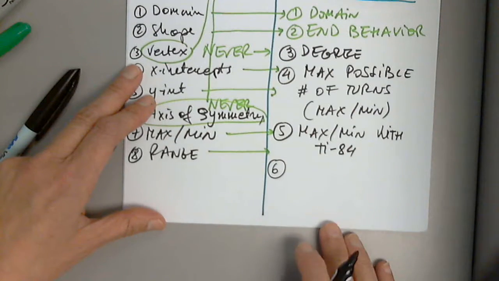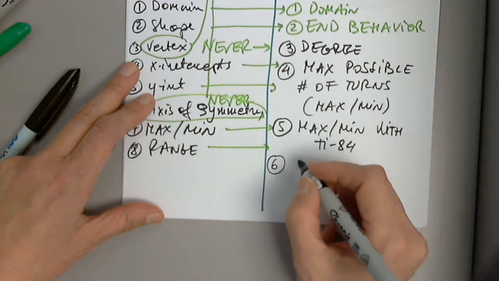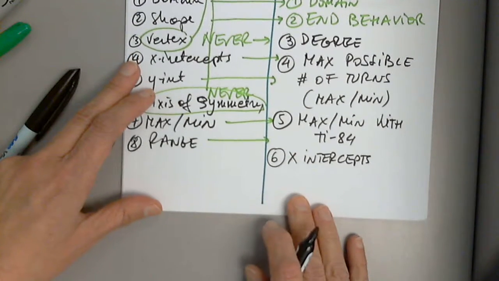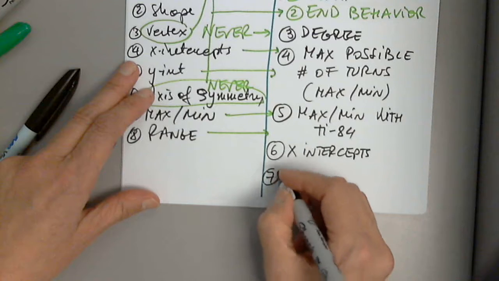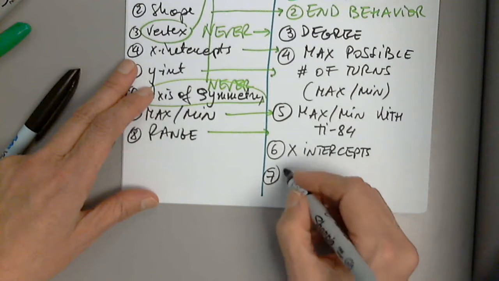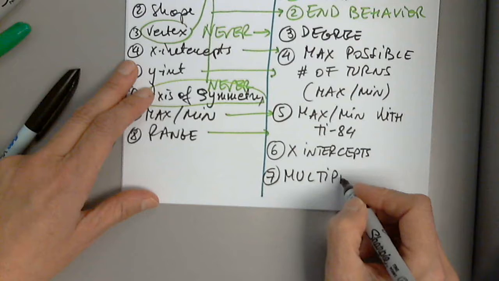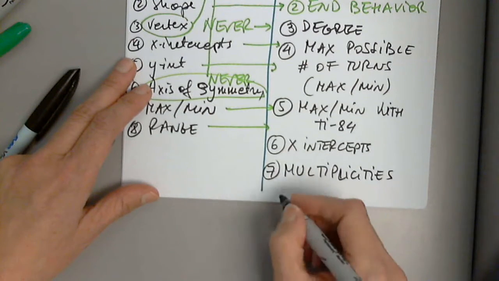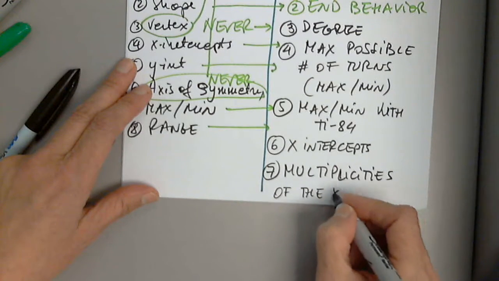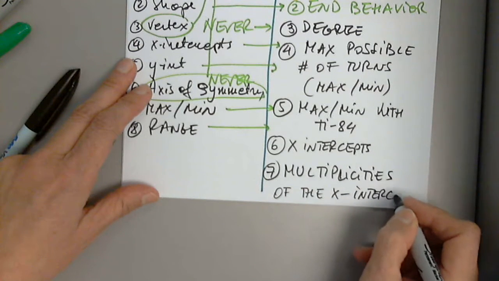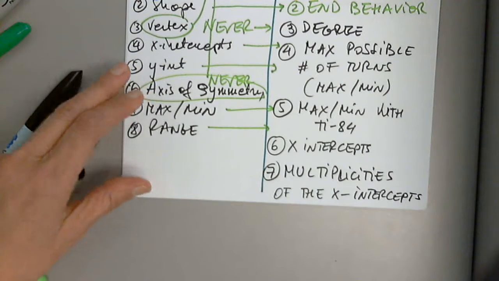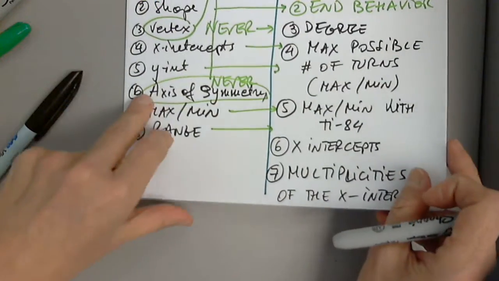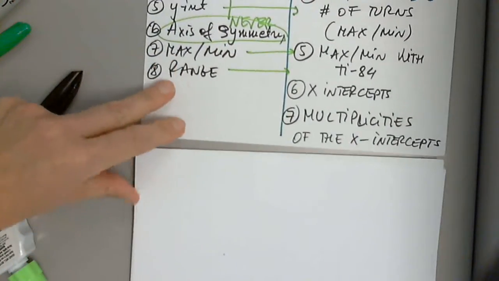6, x-intercept. 7. This is something we have never discussed. Multiplicities of the x-intercepts. 8.